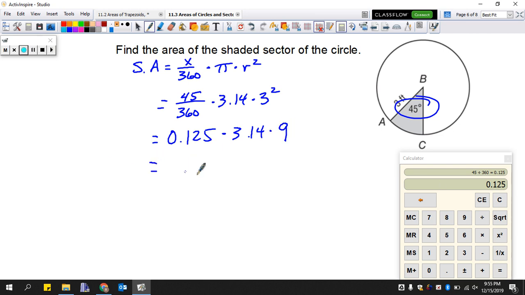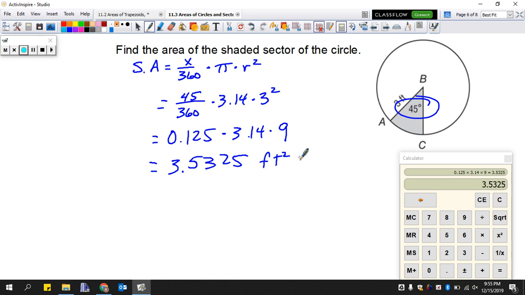All right, when we do all that math, 0.125 times 3.14 times 9, we end up finding that the area of the sector is 3.5325 square feet. Okay?